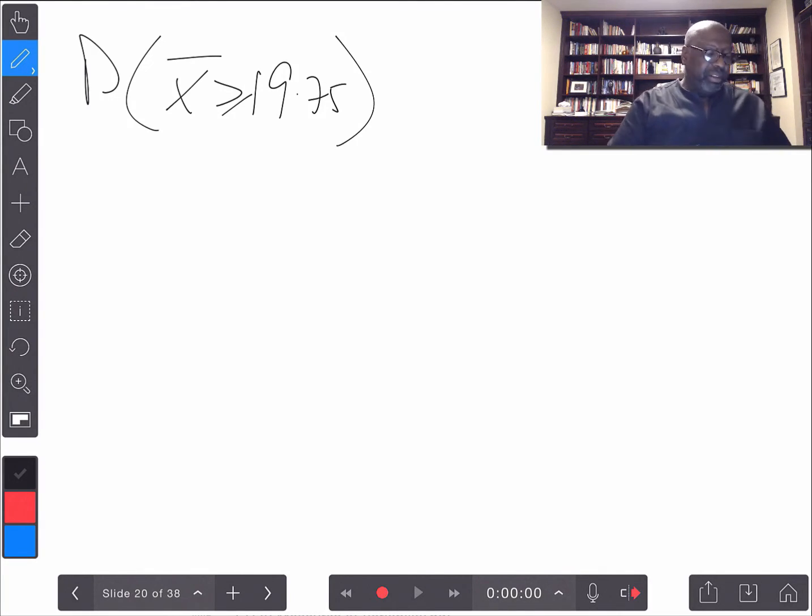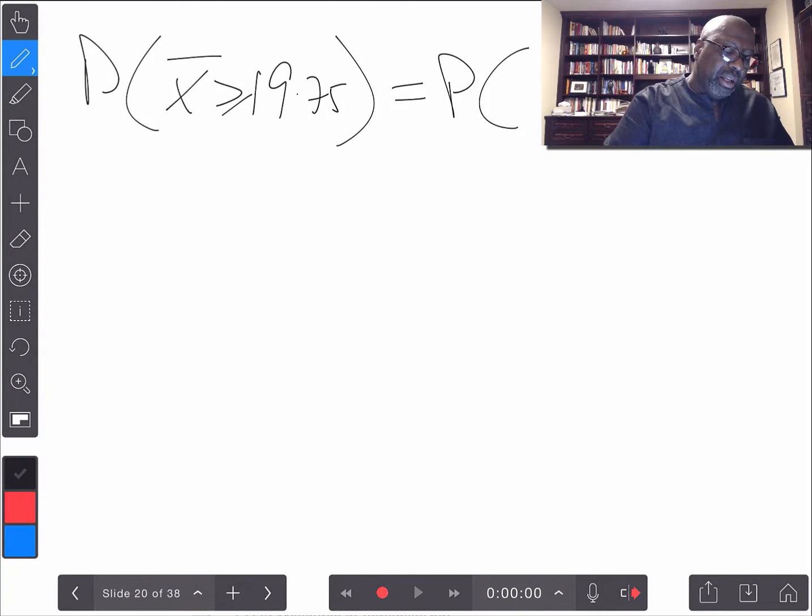What is the probability of being greater than 19.75 weeks? Well, that would be the probability of Z greater than or equal to x bar minus mu over sigma over root n, because we're talking about sampling distributions.